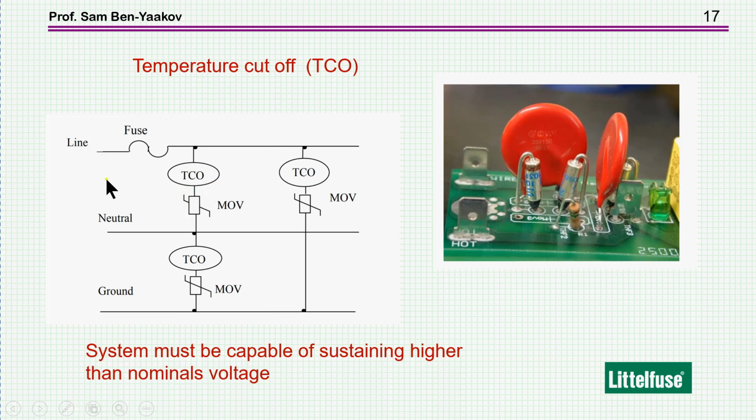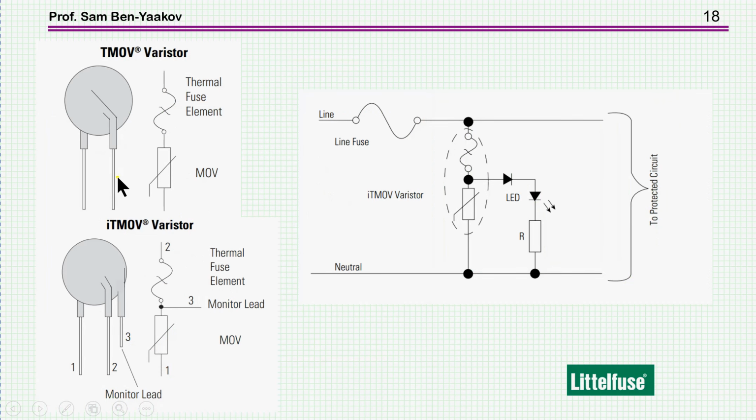This could happen, by the way, if the line voltage is high, and then obviously the current will start going up and temperature will go up, and again you'll have a runaway. Or it can be within the unit itself, and in fact some companies like Littelfuse are offering a unit like this.